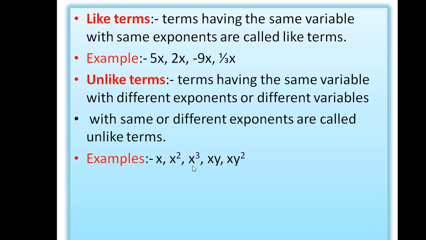For like terms it should have the same variable and the same exponent. When it doesn't have the same exponent, then it is an unlike term. Here also xy and xy square. Here y has exponent 1 and here 2. So these two are unlike terms.